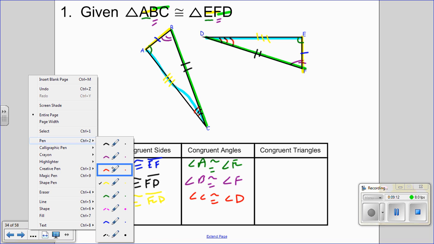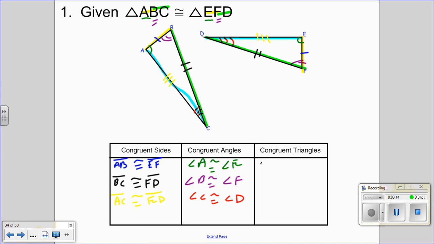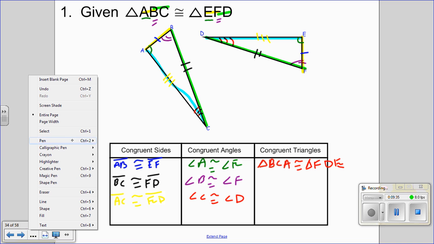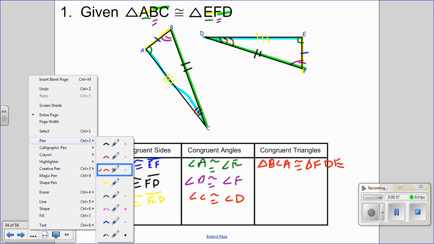For example, I could start with B, so triangle B followed by C followed by A, and then if I changed it like that, that means I would have to start the second one with F followed by D followed by E. So there are several different combinations of triangles that you could create.